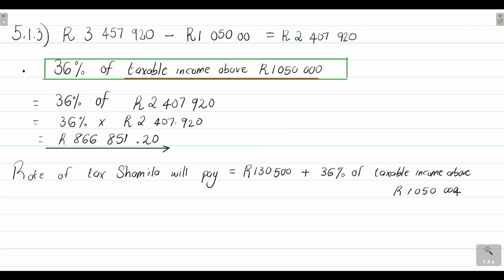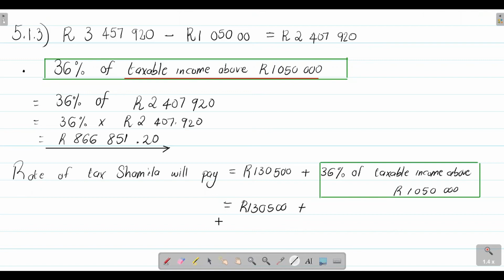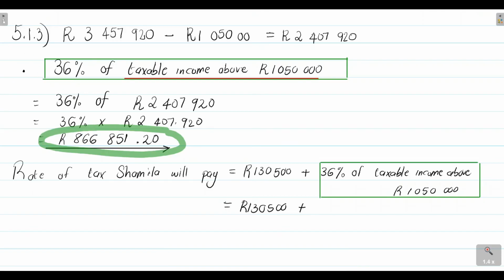Okay, right. So all we need to do now is we're going to take the 130,500, and you're going to add that with the 36% of the taxable income above 1,050,000. And remember, we calculated that to be 866,851.20 cents.